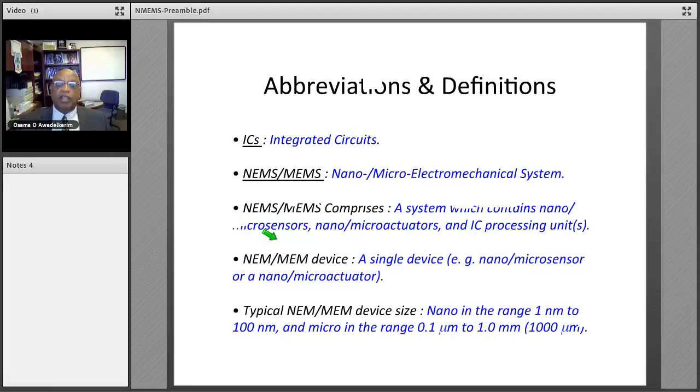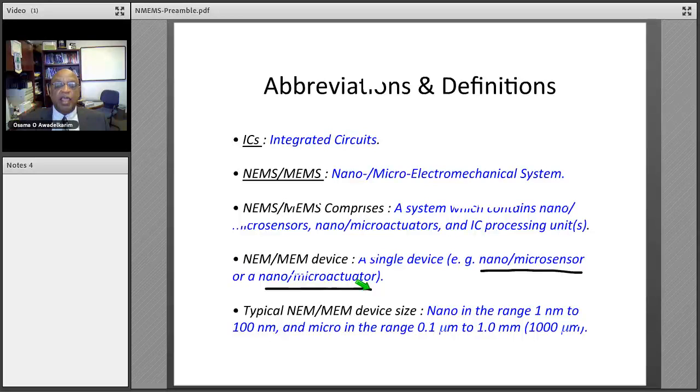We mean by a NEM device or a MEM device a single device which may be a nano or a micro sensor, or a nano or micro actuator. So a NEM device may be a nano sensor or a nano actuator. A MEM device may be a micro sensor or a micro actuator.